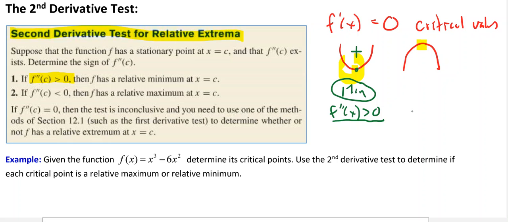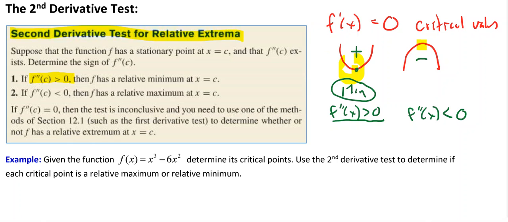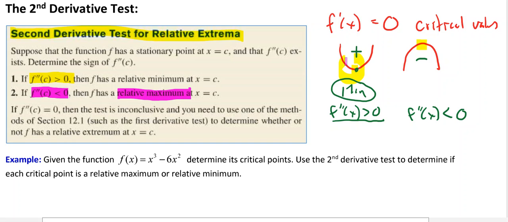Likewise, where the second derivative is less than 0, we're going to have a graph that is concave down. That means that if the second derivative is less than 0, we have a relative maximum. And so that makes sense that this point is going to be a maximum value, a relative maximum.